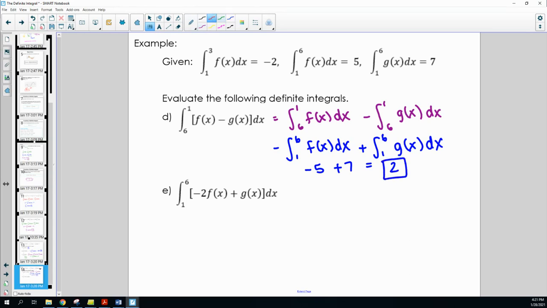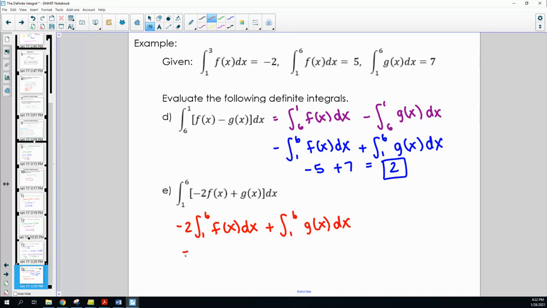And then for this last one, integral from 1 to 6, so we don't have to worry about negating anything. And then we're adding, and we also have this constant in front. So I'm just going to split it up. I'm going to take out the negative 2 and bring it on the outside because it's a constant. So I'm going to have negative 2, the integral from 1 to 6 of f of x dx, plus the integral from 1 to 6 of g of x dx.